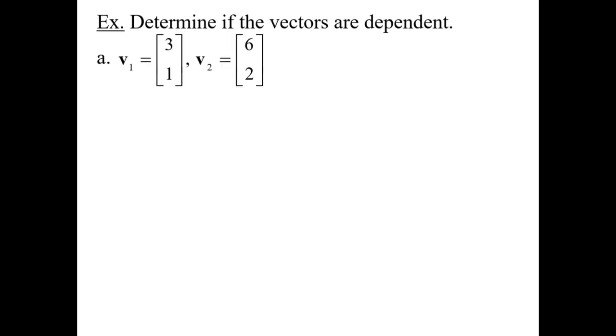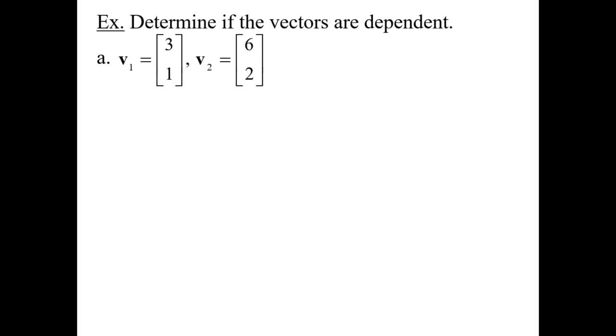Okay, let's look at a couple of examples here. Let's determine if these vectors are linearly dependent. There are a couple of ways we can do this. There's nothing wrong with setting up the matrix, but let's think about something else.